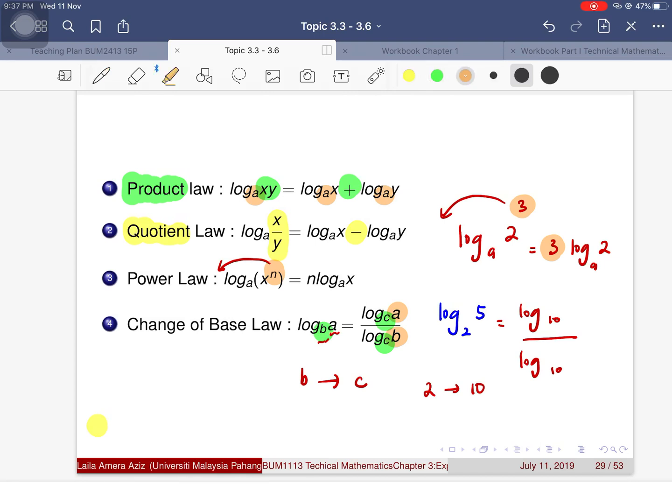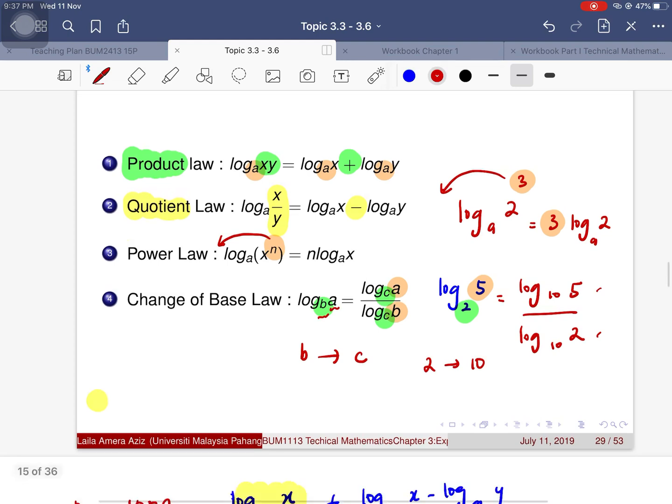The 5 goes on top and the 2 goes to the bottom. So when I change log 5 in the base of 2, it will become log 5 base 10 over log 2 base 10. That is called the change of base law.